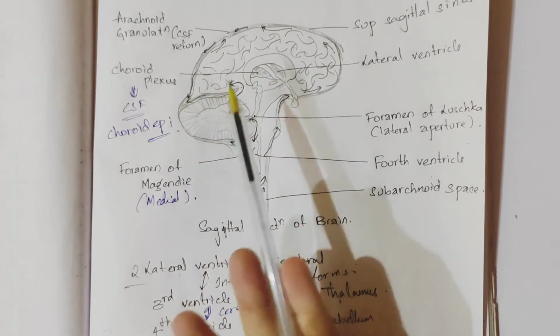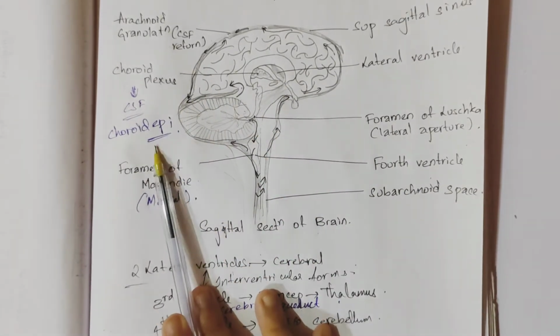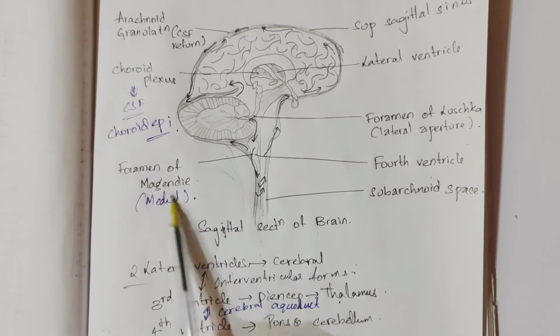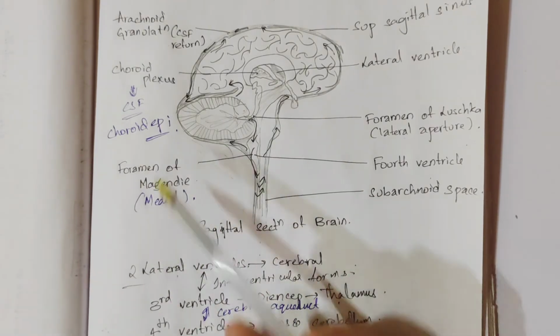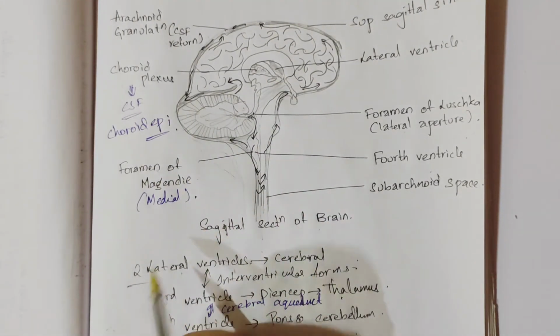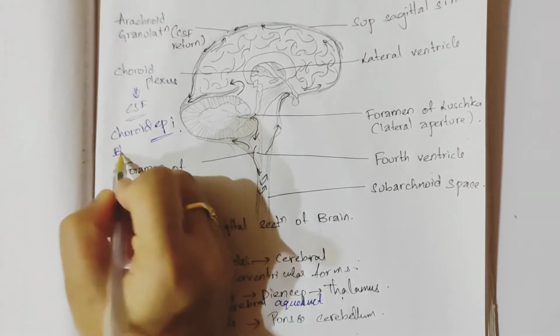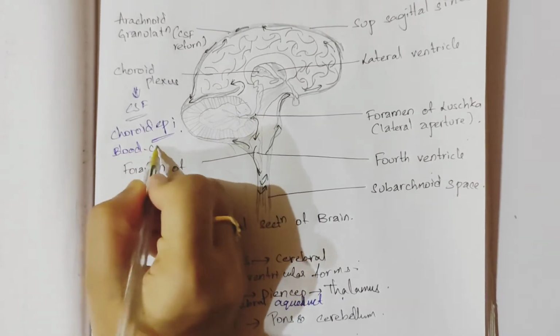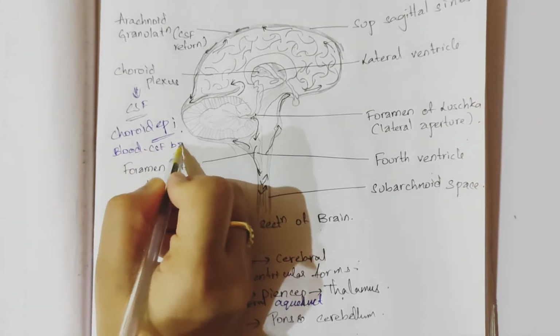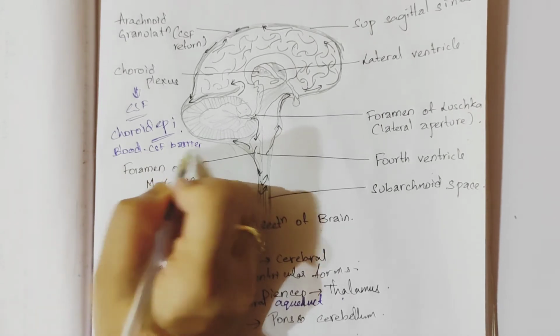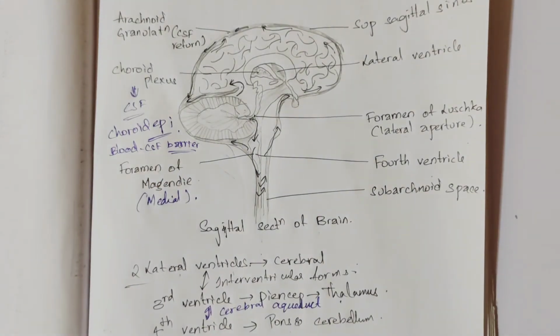In all ventricles, the choroid plexus is present for the secretion of CSF, and the tight junctions between these cells form the blood-CSF barrier. It also has the blood-brain barrier, where we have the extensions of the astrocytes.